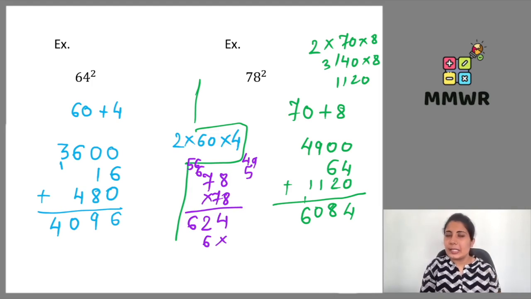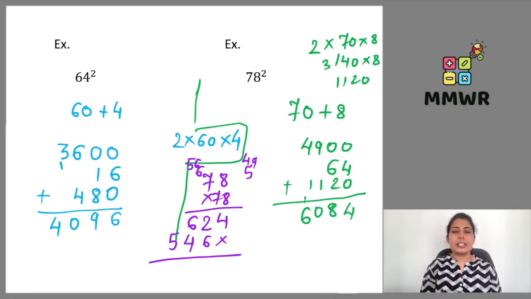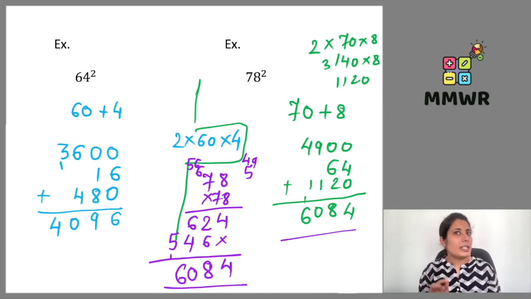What we will be getting here? It gives me 54. 49 plus 5 gives me 54. Let's add it. 4 plus 2, 2 plus 6, 8. 6 plus 4, 10. Carry over 1. 5 plus 1 is 6. Exact, we got the same answer. So 78 square is 6084.